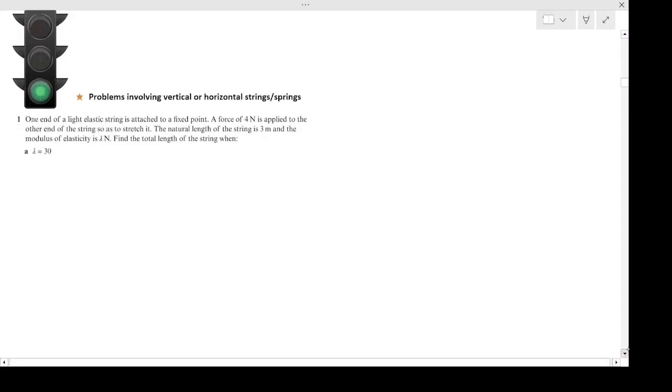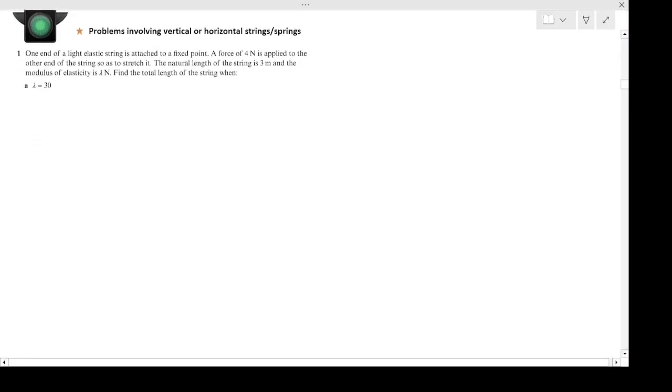Firstly, I'm just going to draw the situation. Again, in mechanics you do want to be drawing things out. What we're told is that one end of a string is at a fixed point. So let's say we have a ceiling and then the string is hanging down. At this end of the string, that's attached to the ceiling.